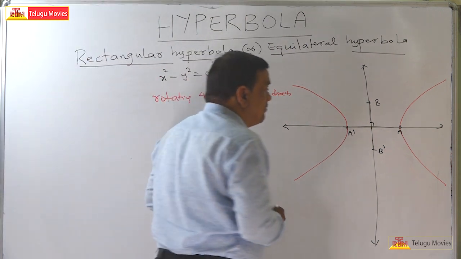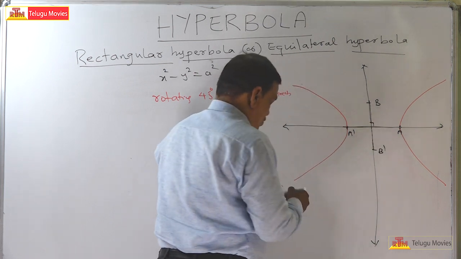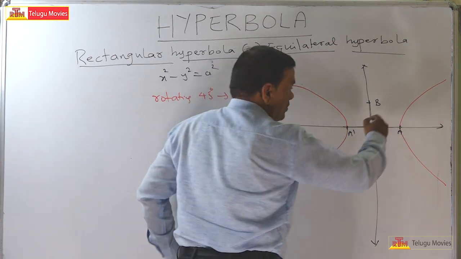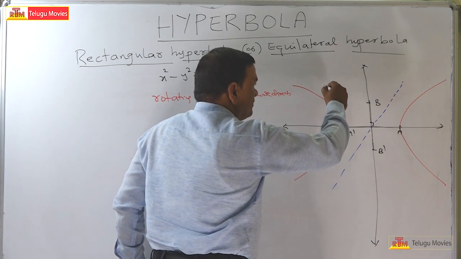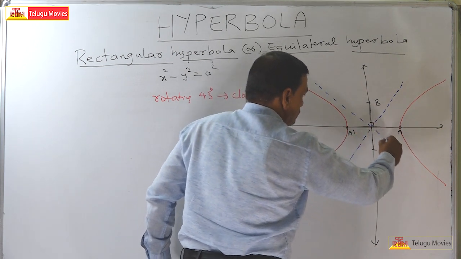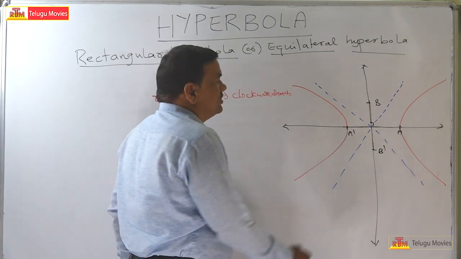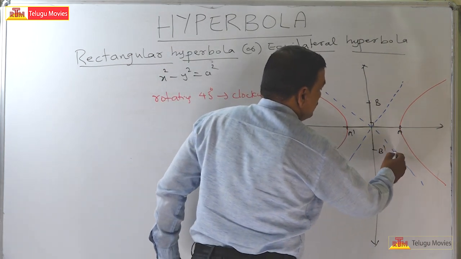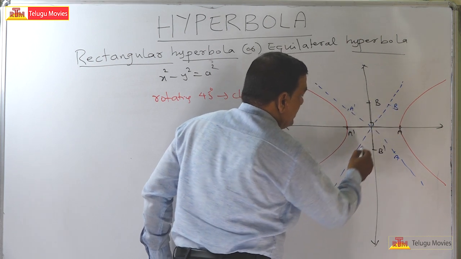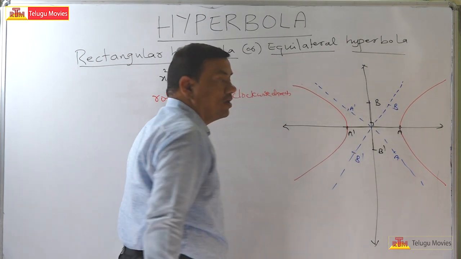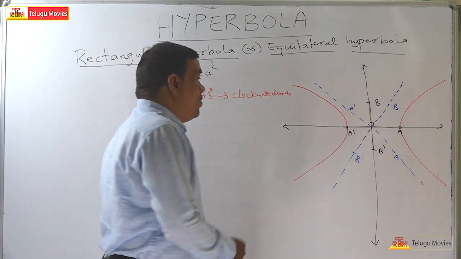So this is a and a dash, and this is b and b dash.